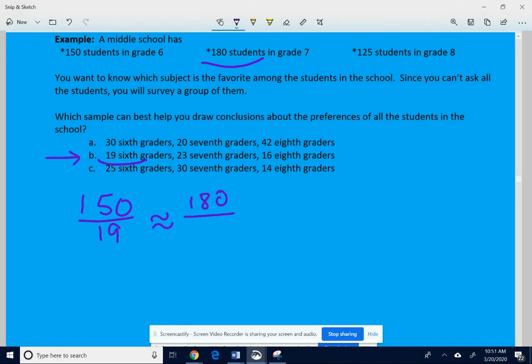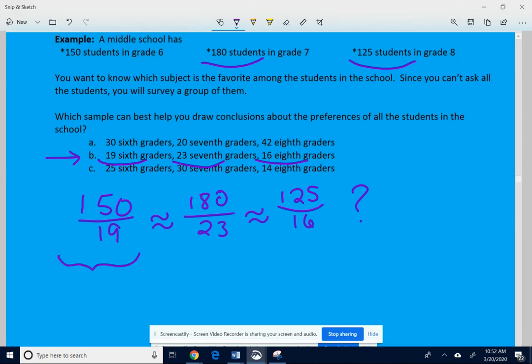Put that over the 23 7th graders in the sample. Okay, the 125 students in grade 8 over the 16 8th graders in the sample. And we want to know if these are proportional to each other. Okay, let's just use a calculator.